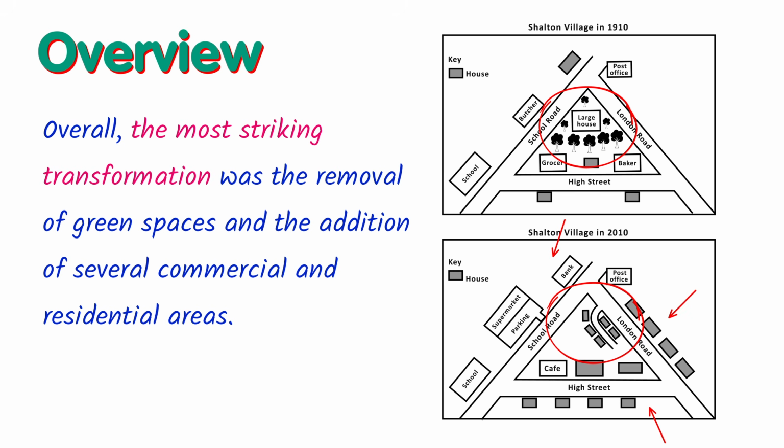This is my second paragraph, or overview paragraph. And I wrote about the most striking feature or transformation because we're talking about change in these maps, so I write about transformation. Instead of writing, let's say, change, I've used the word transformation.